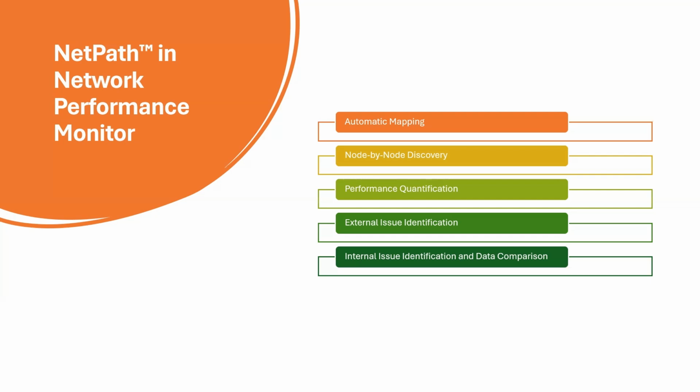Also, it does node by node discovery, so you'll get to know details about each and every node, and also if any node is managed externally by some third-party ISP provider or some other organization, that also it discovers. Performance quantification is basically it gives you the performance on that particular node, how many packet drops are happening and what the latency is there. So that's how it qualifies for performance quantification.